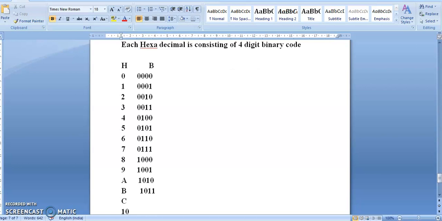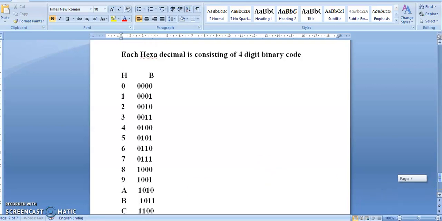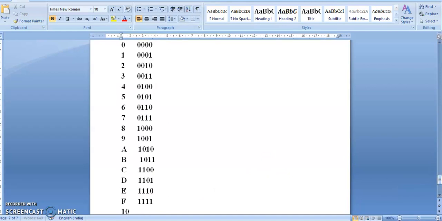C means 1100. D means 1101. E means 1110. F means all ones. So these are the binary equivalent codes of hexadecimal.